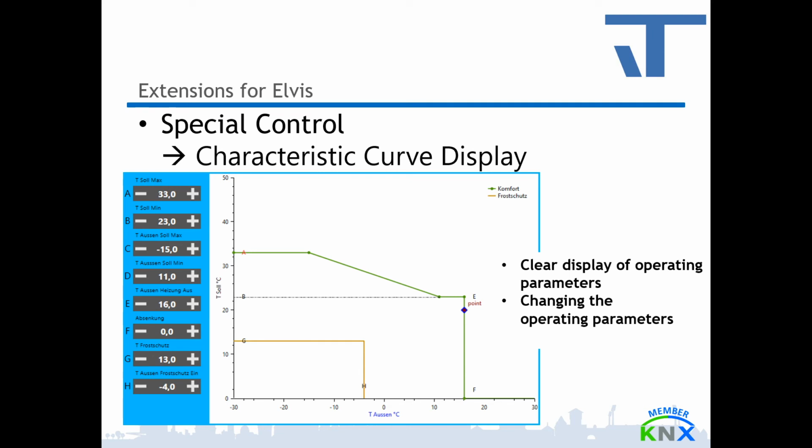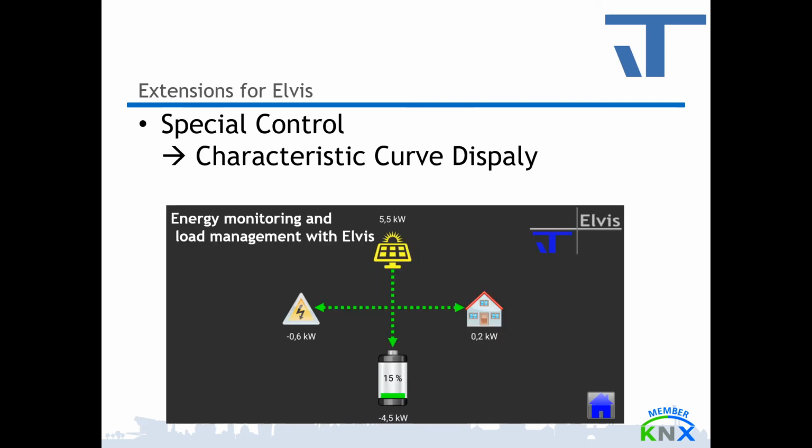Besides, it is also possible to display energy flows with moving arrows, for example, that can also change color when going from cold to hot. So it's also possible to use it only for displaying the energy flows of your building, like you see in the graphic.